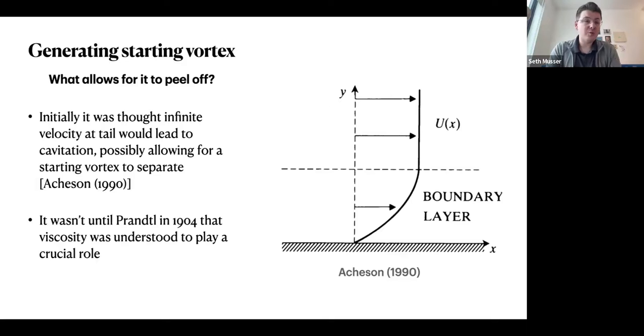And that's true almost everywhere in the fluid, but near the surface of our airfoil, it's not true because there's a no-slip condition. And this no-slip condition says the value of velocity at the surface of the foil needs to be 0. So there's a region where it interpolates from 0 to the value it'll take away from the foil. And in this region, viscosity plays a really important role, this boundary layer.